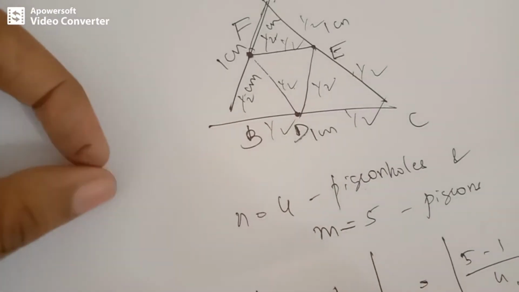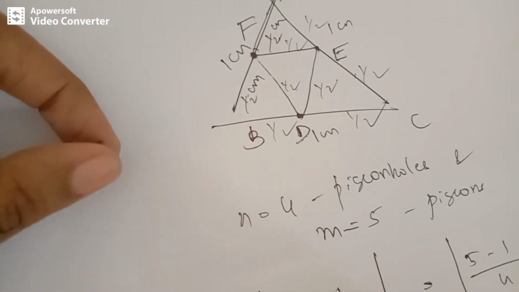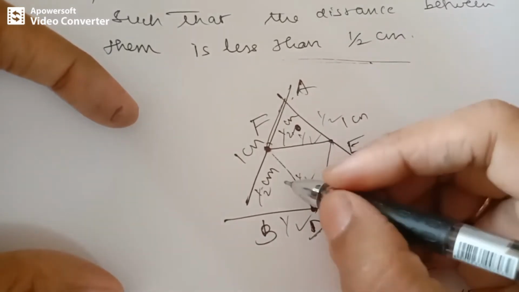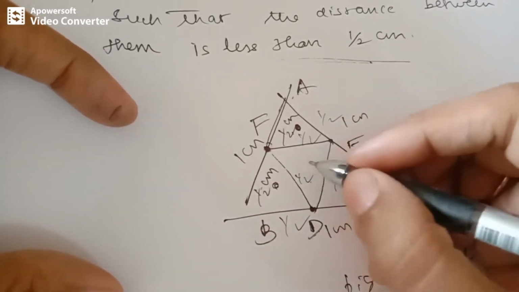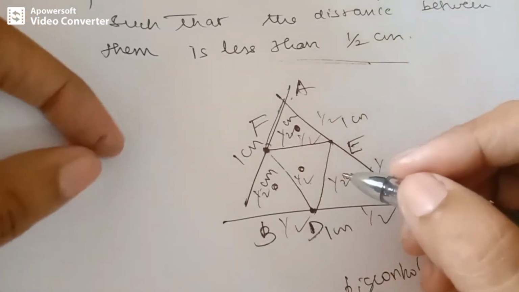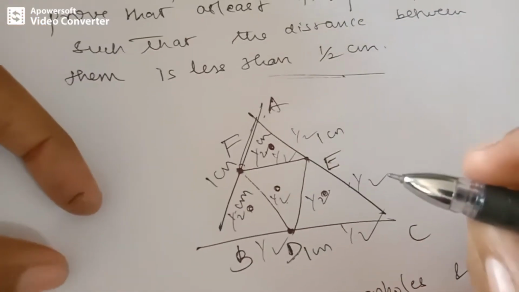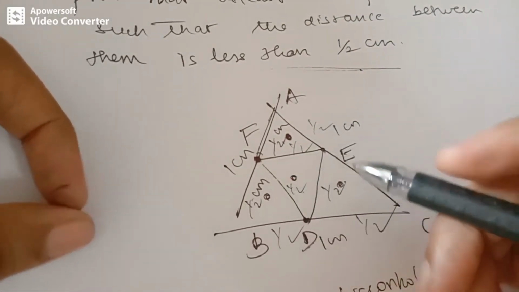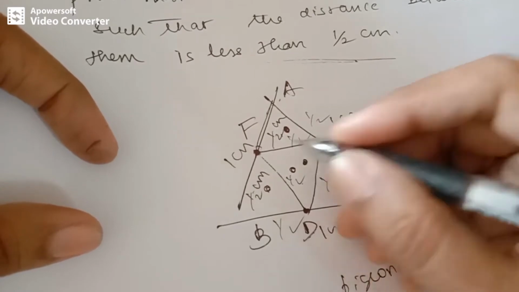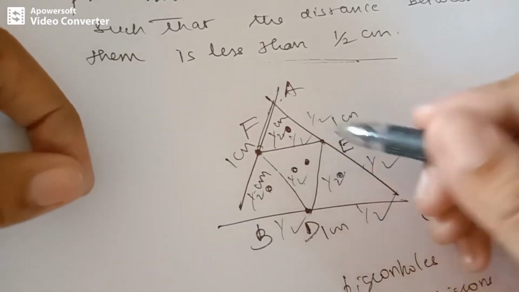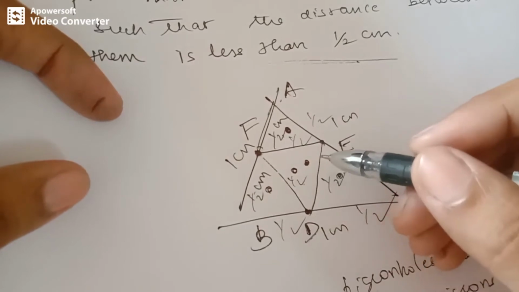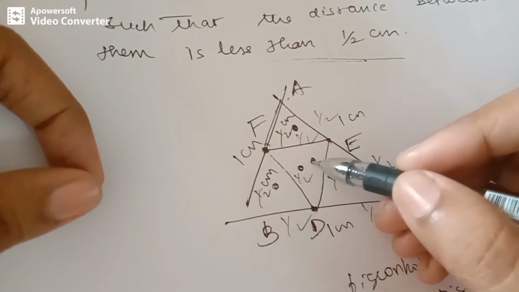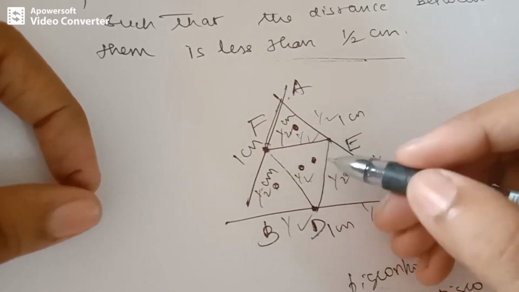According to the pigeonhole principle, if m pigeons, here 5 points, occupy n pigeonholes, it is not possible to put all the 5 points separately. First we put 4 points, one in each triangle, then the fifth point must go into one of the triangles. So in a particular triangle we get 2 points, and their distance is obviously less than half.